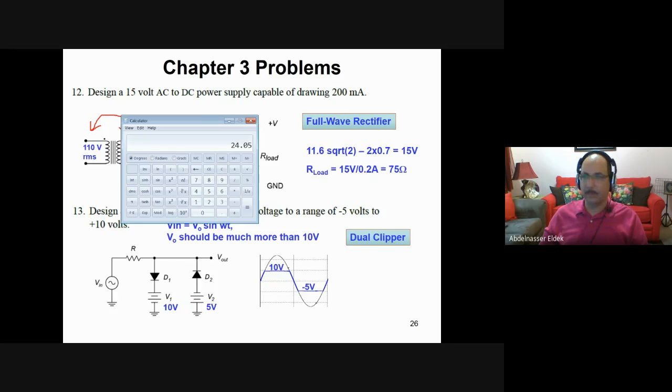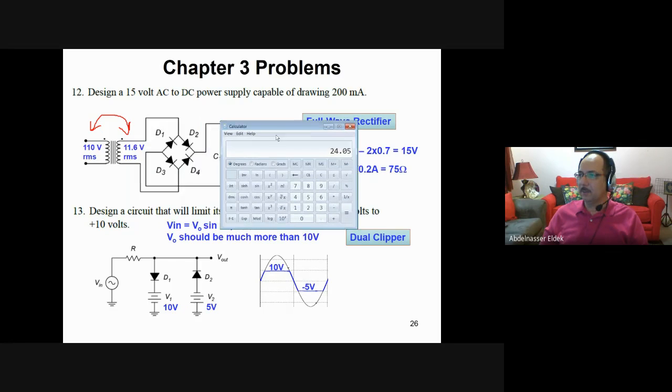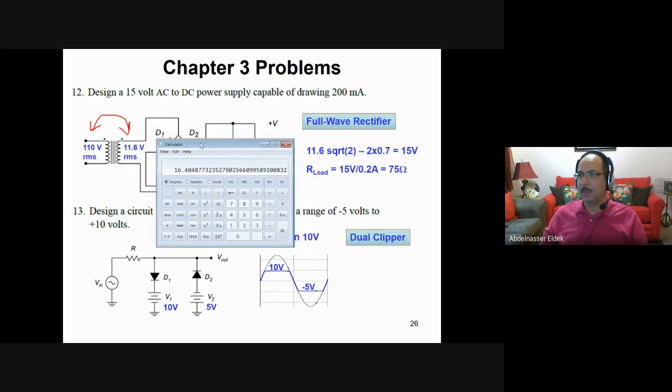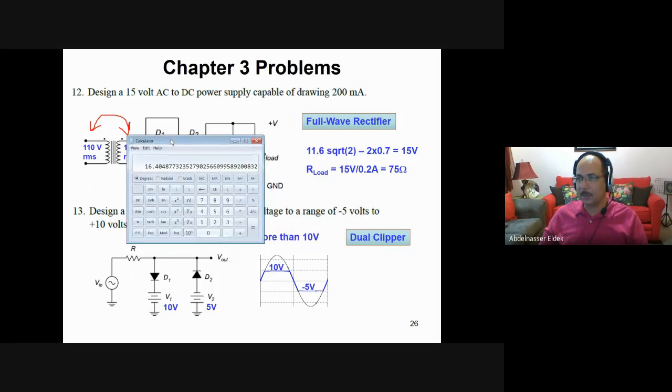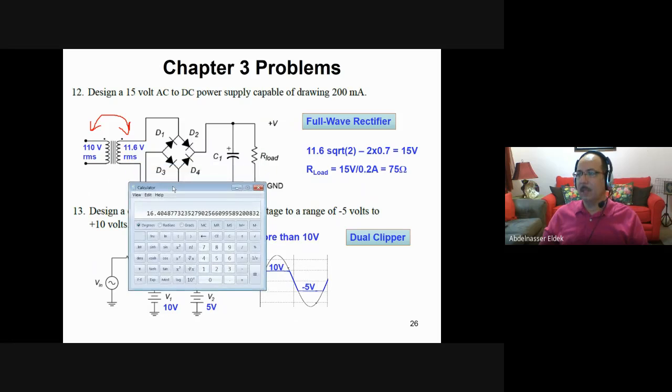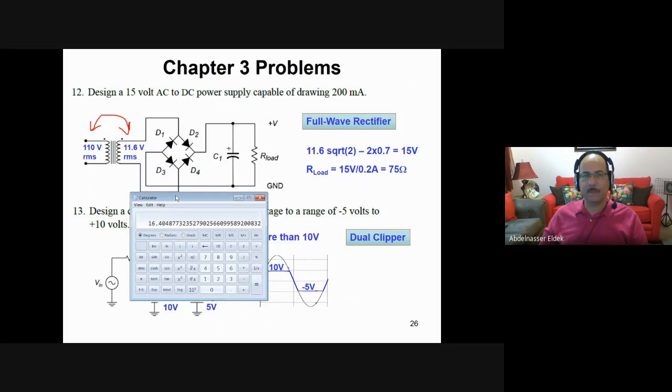Let's see here. 11.6 times square root of 2 equal 16.4. Then the voltage here at the input is 16.4 volt. But because this is a full wave rectifier with a bridge, you have a voltage drop across 2 diodes, 0.7 and 0.7.